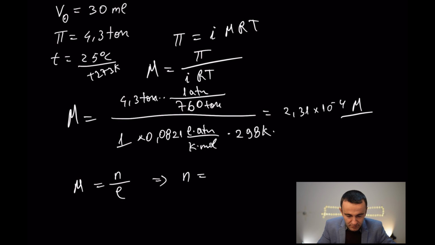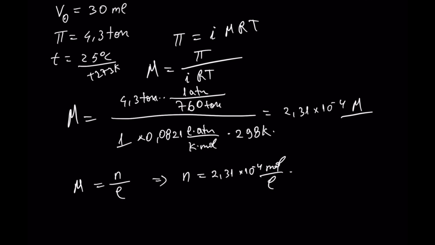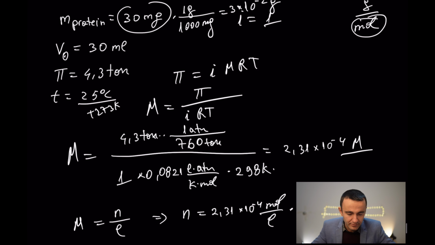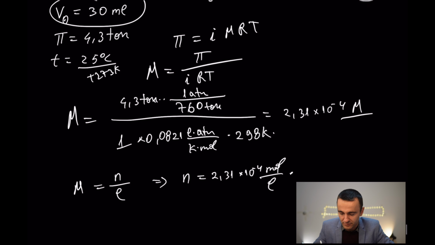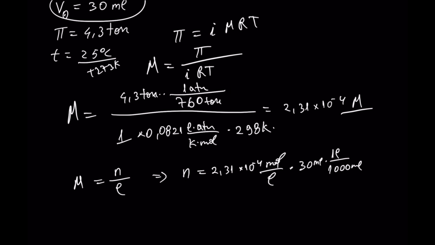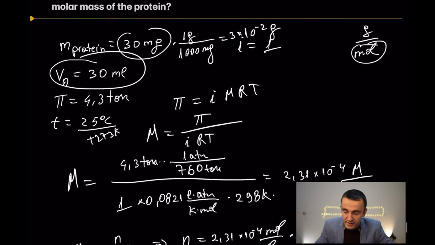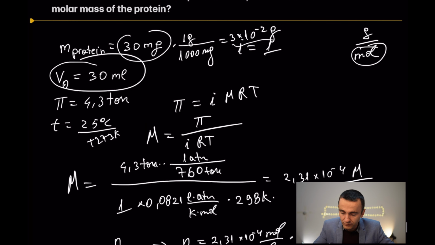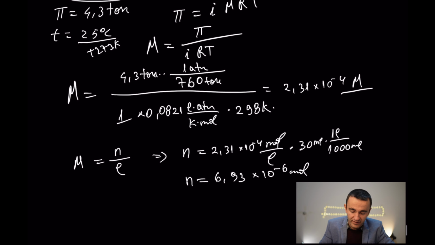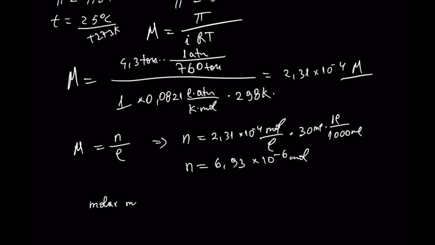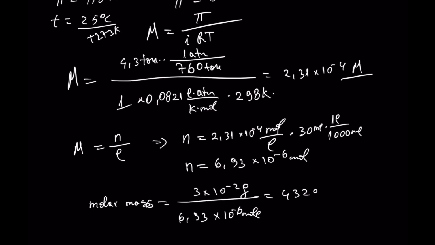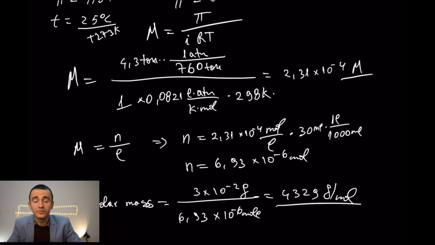So number of moles is going to be, so we have 30 milliliter of the solution, so it's going to be, and we found the number of moles. We have the number of grams of the protein, we found the number of moles, and by dividing them, we can find the molar mass. So the molar mass is 4,329 grams per mole.